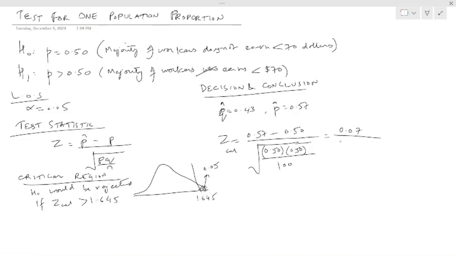The square root of 0.5 multiplied by 0.5 and divided by 100 gives us 0.05.